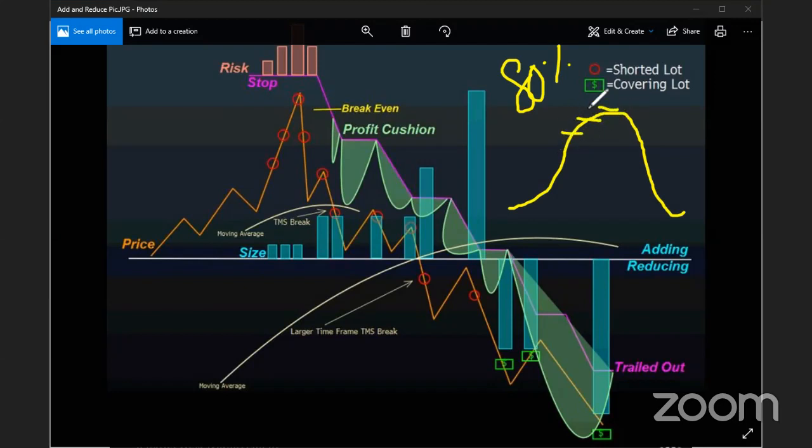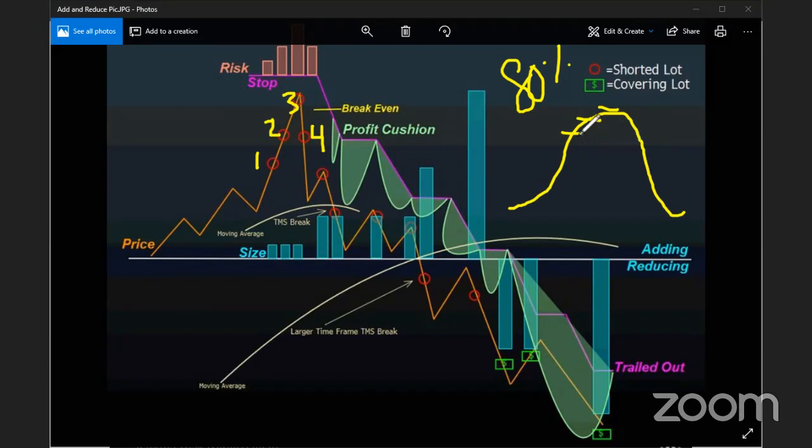You just want to be light with your size. On pretty much every trade, you should have only 1, 2, 3, 4 lots, maybe. Basically 1 to 4 entries that you allow to go against you in a contrarian fashion before you start adding to your play.